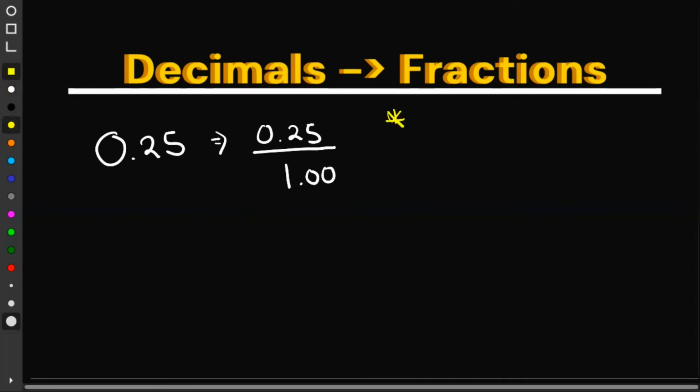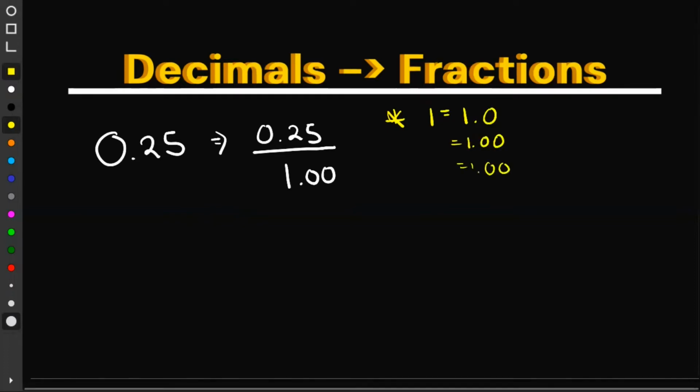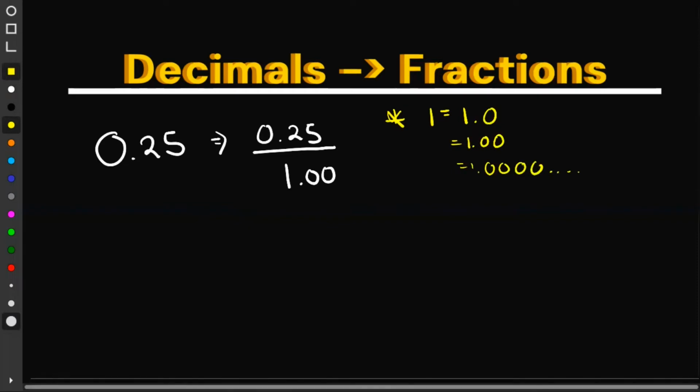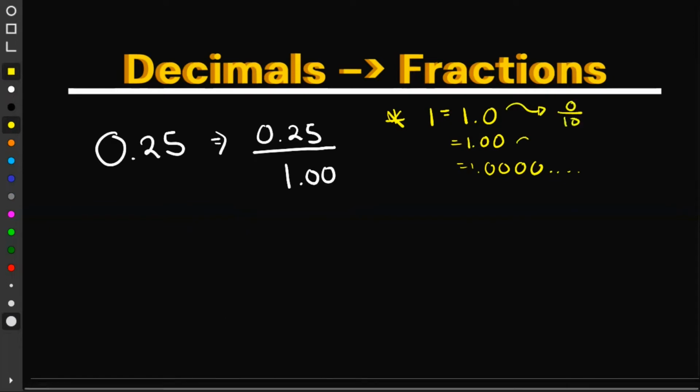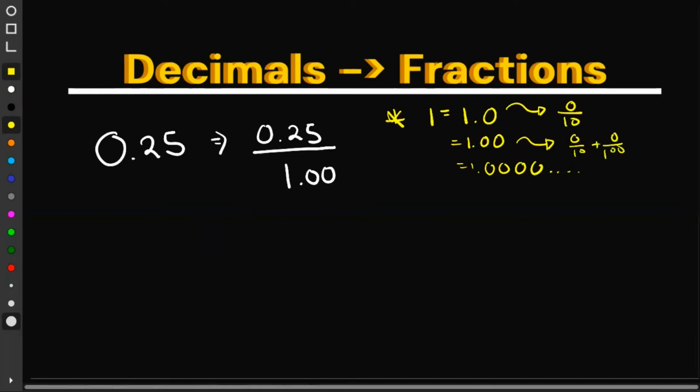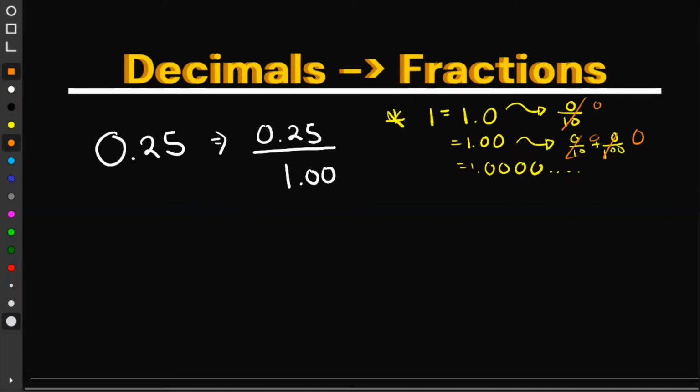Indeed, we can write 1 as 1.0, 1.00, 1.0000, since these zeros are simply 0/10 plus 0/100, which are simply 0. So that is the idea behind it.